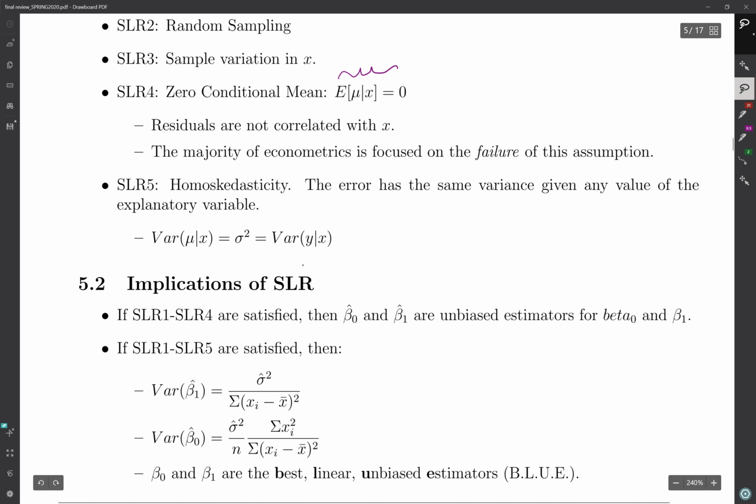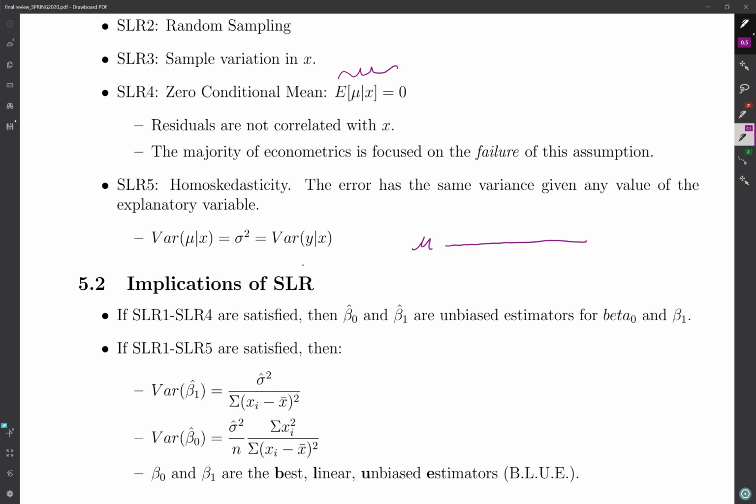If we graphed our residuals, and let's say this is 0. Okay, so if we graphed our residuals, what we'd like to see is a similar level of variance as we move along the x-axis.